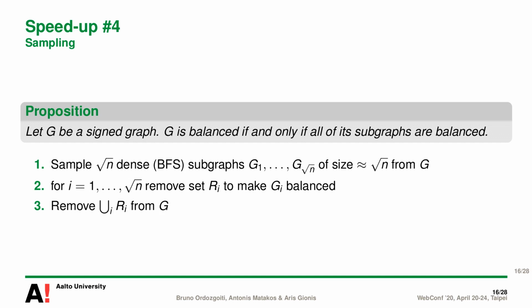And we know that this will help us improve the balance of our original graph. Of course, we can run this in parallel for all sample subgraphs, and since they are much smaller, they are much faster to process. Doing this, we can really speed up the process for big graphs.